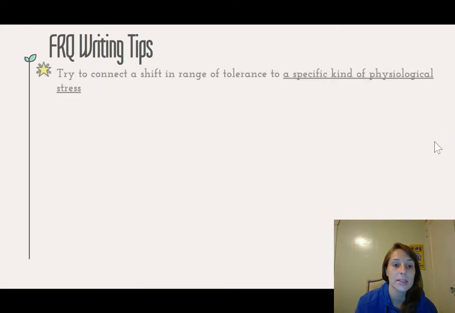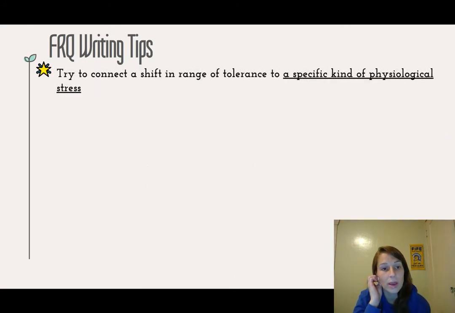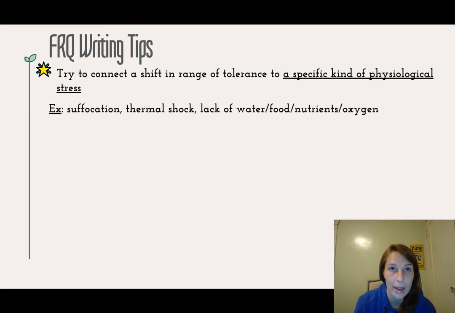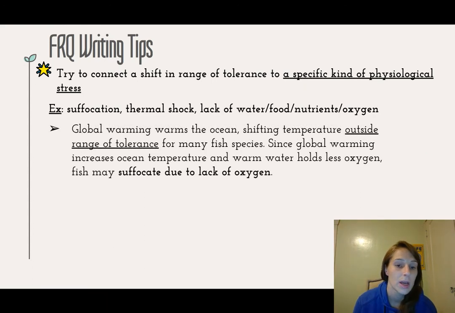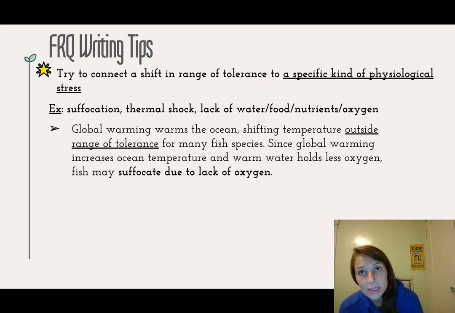And if you want to take it a step further with the FRQ writing tips, try to connect that shift in range of tolerance to a specific kind of physiological stress. So not just saying they die, but some examples of this could be suffocation, thermal shock, lack of food, water, nutrients, or oxygen. So continuing with that past example, if global warming warms the ocean, this is going to shift temperature outside the range of tolerance for many fish species.